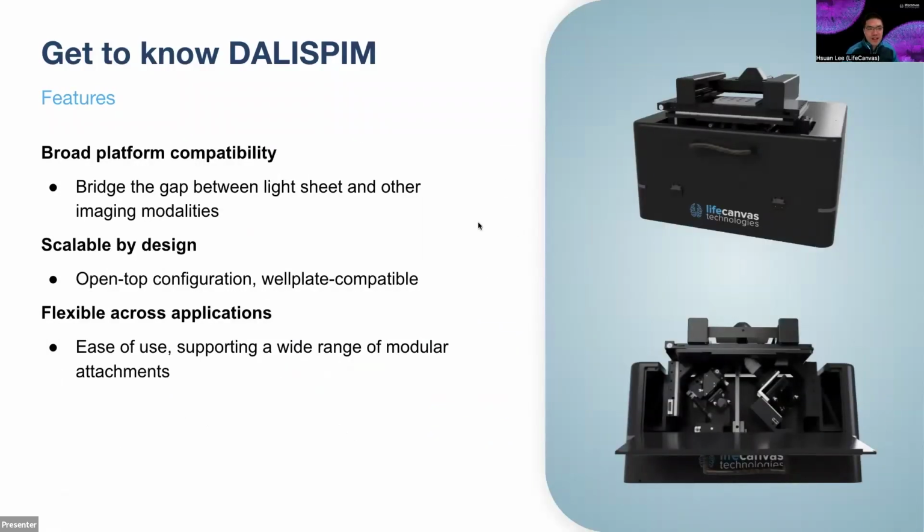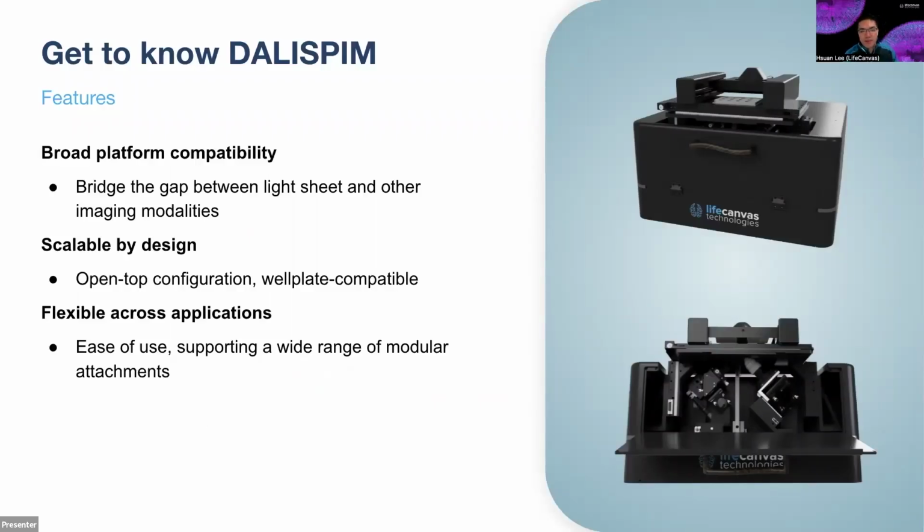So with the DALI SPIM technology, there are a few key features. First of all, it has broad platform capabilities, meaning that we can bridge the gap between the light sheet and other imaging modalities. Most of the time, if you use a light sheet microscope, it has its own sample carriers, and you have to take the sample out and put it on another substrate for imaging on another optical microscope.